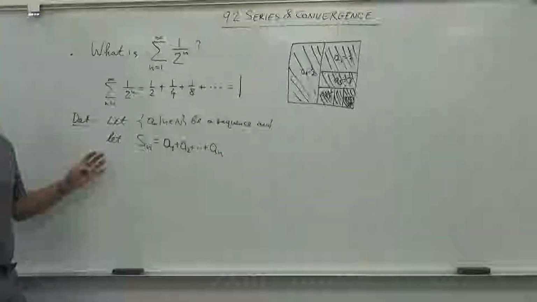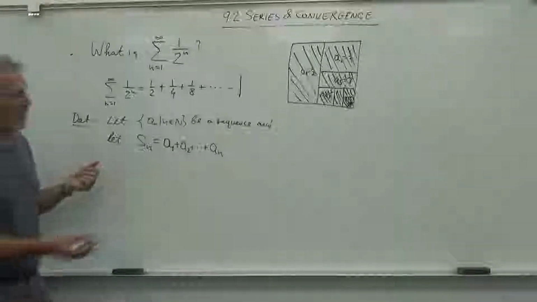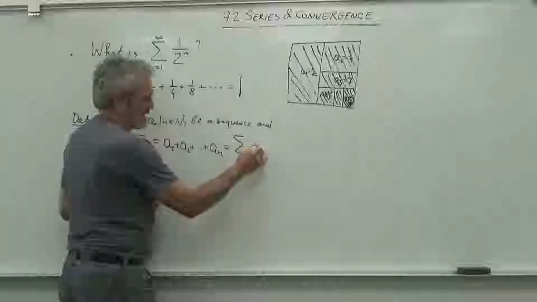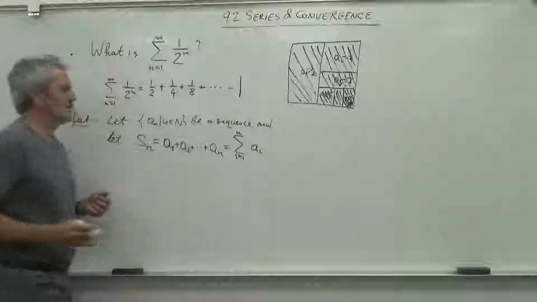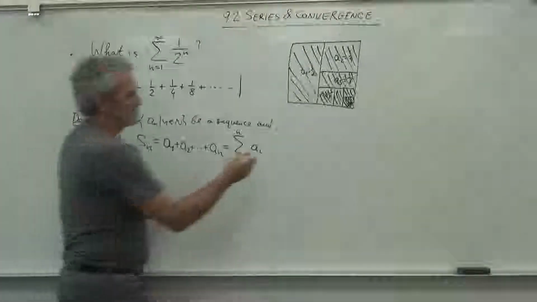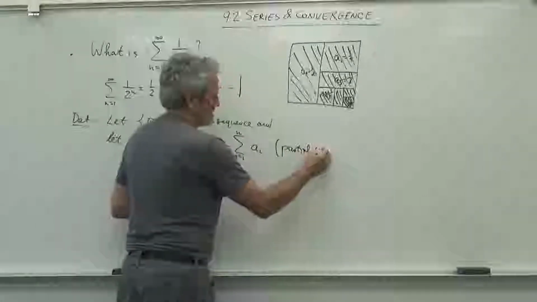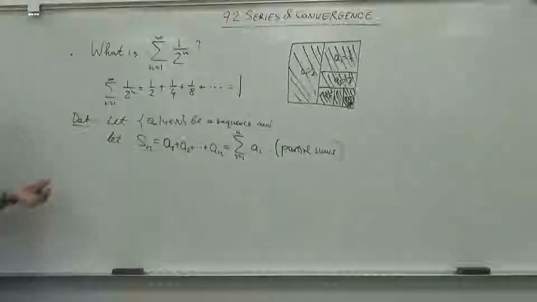And then of course that list becomes longer and longer. Or we also write this as the sum of a_i, i goes from 1 to n. Those are called partial sums. So we build them, and then what do we do?